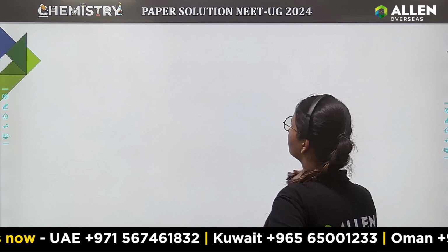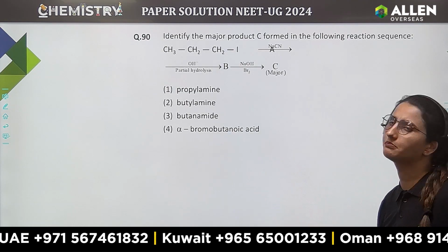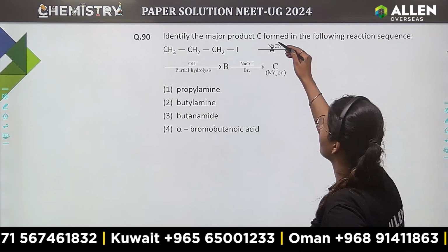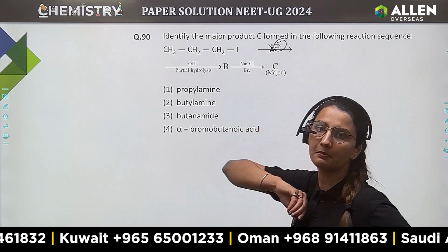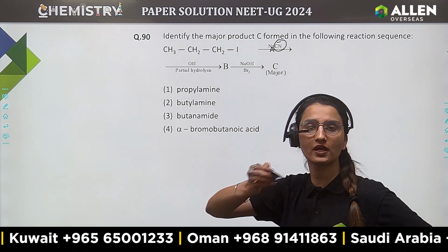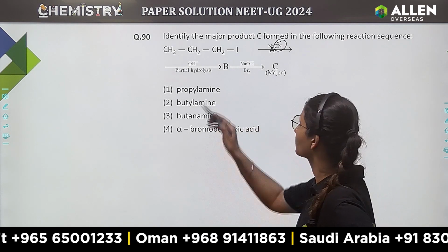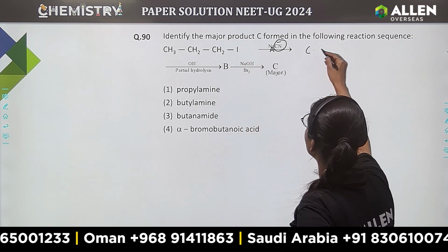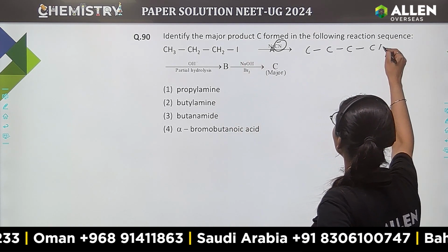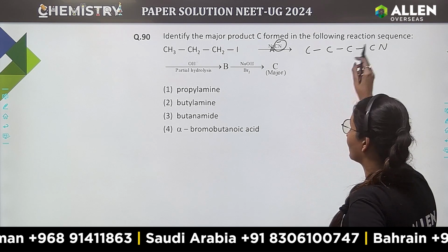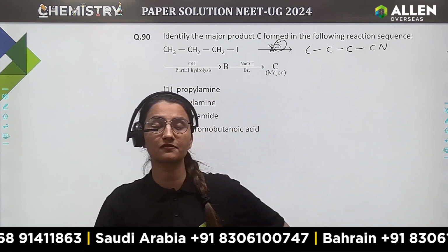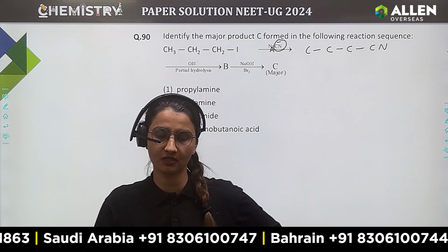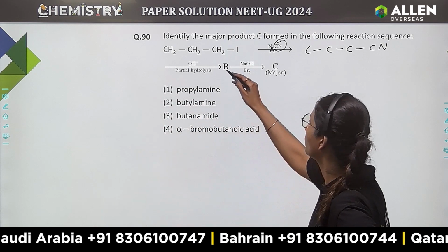Next, students. Oh, simple. NaCN produces nucleophile CN-, which proceeds through SN2 mechanism. So what will happen? I will be replaced by what? CN. We know complete hydrolysis of CN gives you COOH. Partial hydrolysis gives you amide. So what is it?